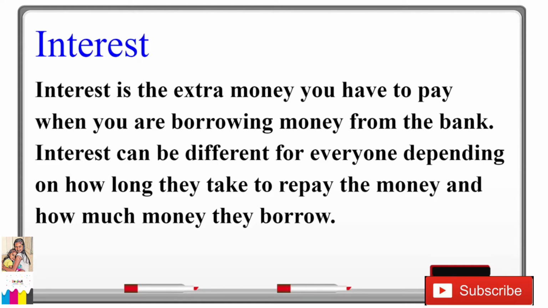So they're not equal. It wouldn't be fair to say that both of you have to give this much interest. It won't be fair for the person who's only borrowing $10,000. Easy as that. So that's why.